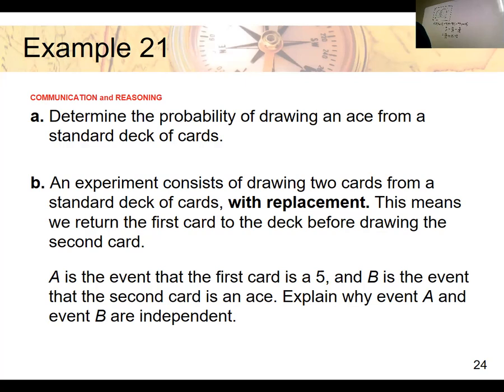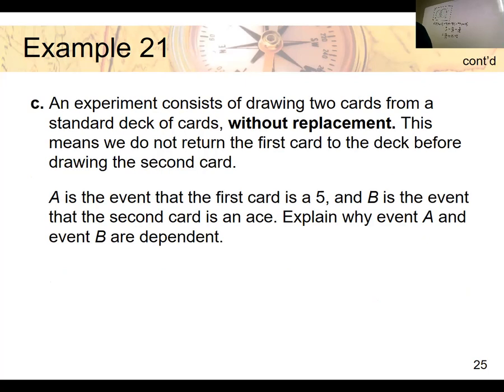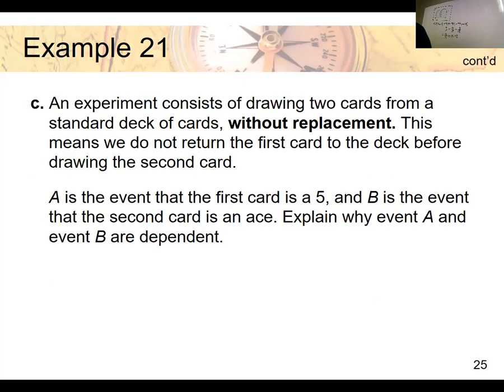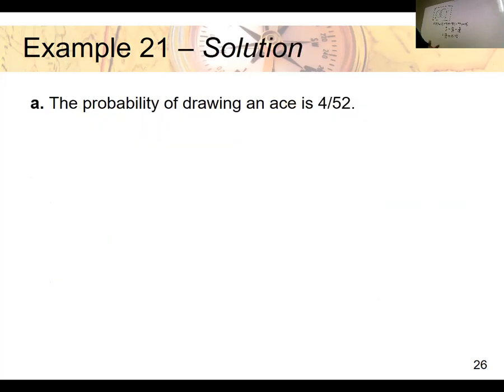Let me jump to the answer in part A, where it says determine the probability of drawing an ace from a standard deck of cards. Well, there are only 4 aces out of 52 cards in a deck, so the probability would be 4 out of 52.